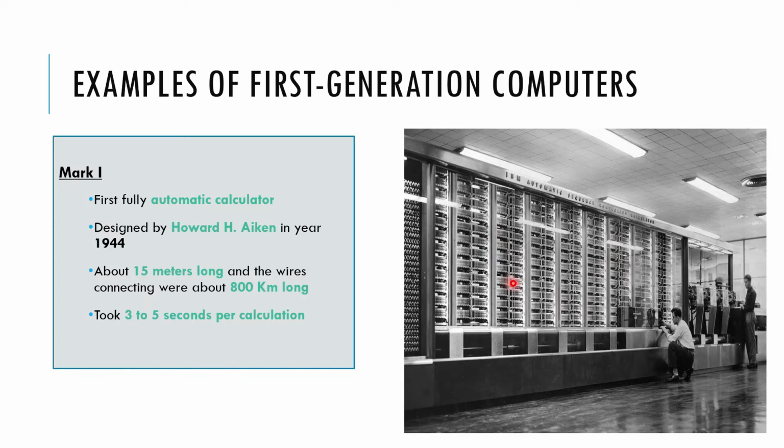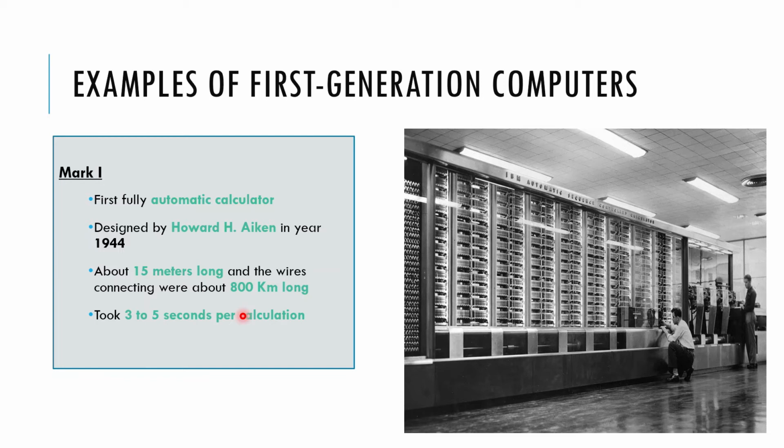But this one was the first fully automatic calculator. It was about 15 meters long and the wires connecting were about 800 kilometers long. So the different wires connecting the various parts of the machine were about 800 kilometers long. It was quite slow, used to take 3 to 5 seconds per calculation.